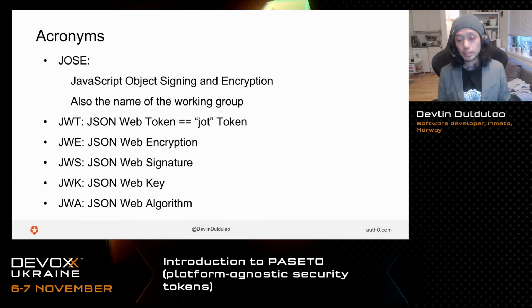And JWE, which encrypts content. JWS secures content with digital signatures. And we also have JWK, which represents keys used for signing and encryption. And lastly, JWA, which is the cryptographic algorithms and identifiers used with all of the above.